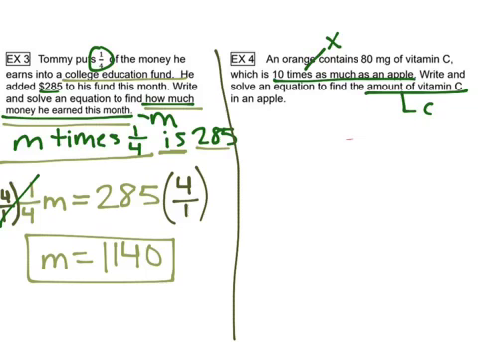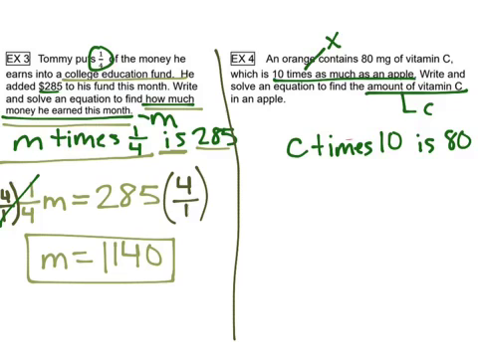So 10 times as much as an apple. If we take the amount of vitamin C in an apple, we could have denoted that as A, maybe for apple, but we've got it as C. So we take C, that's how much, times 10 is 80. And so we've got a relationship between the milligrams of vitamin C in an orange and in an apple.